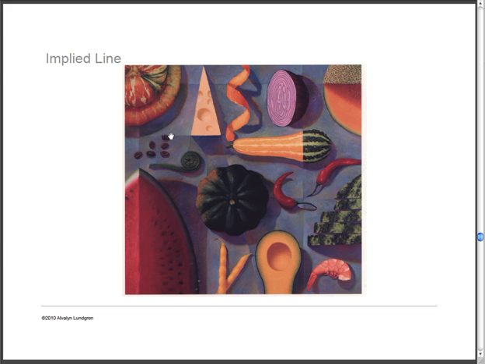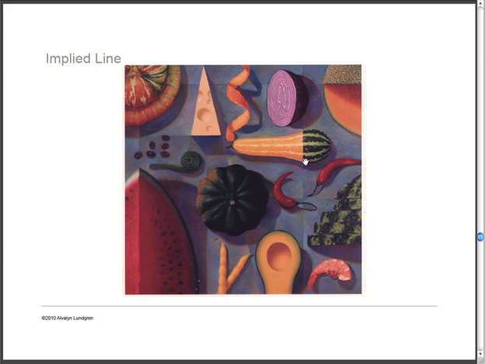Another implied line, right here: the wedge of Swiss is sitting right on that line, and that's picked up and carried on over to here. And notice also the implied lines pulling off, these divisions of space being pulled off from the cheese in a diagonal fashion, and how that's now lining up with the beans here, and lining up with the overall direction on the avocado.